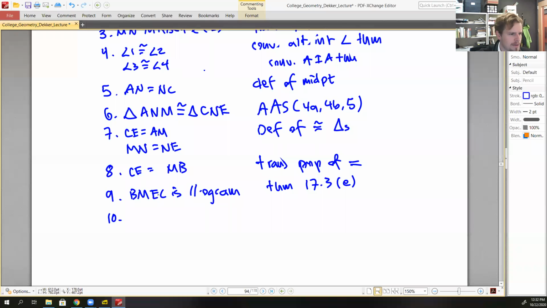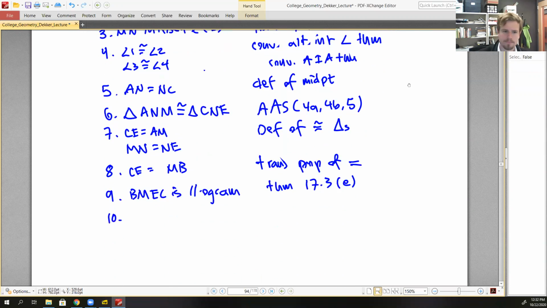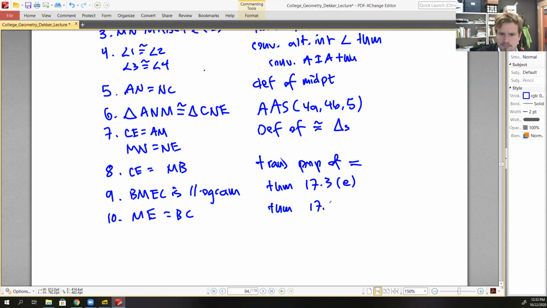The next step, once we have that, ME is equal to BC because it's a parallelogram, or by that same theorem again. ME is equal to BC, again by Theorem 17.3, the two pairs of opposite congruent sides.